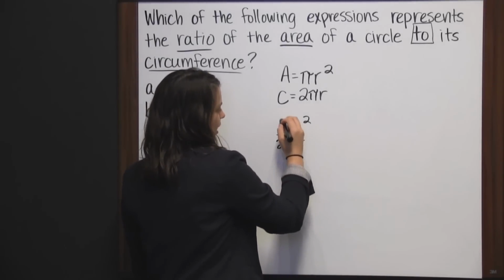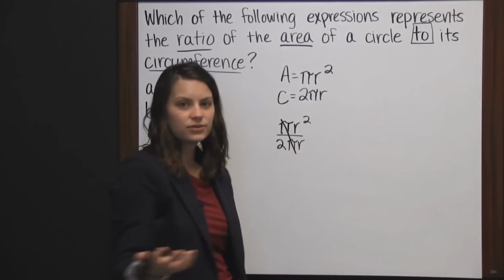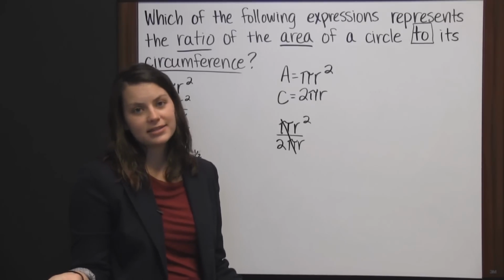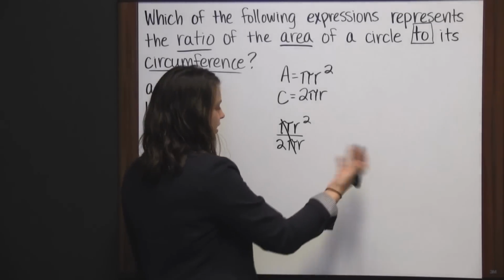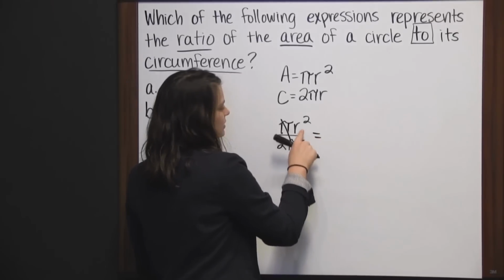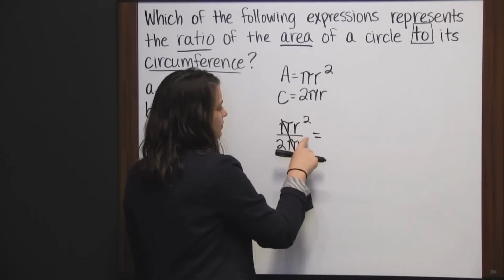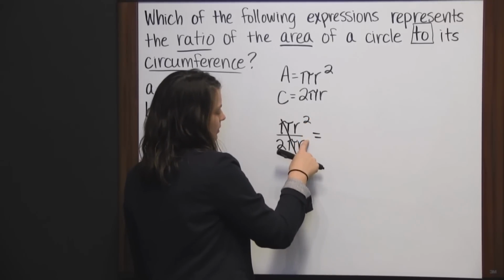First, I see that pi divided by pi cancels. Pi divided by pi is 1. Anything divided by itself is 1. So we can cancel it. And then I can simplify r squared divided by r. When you divide, you subtract the exponents.